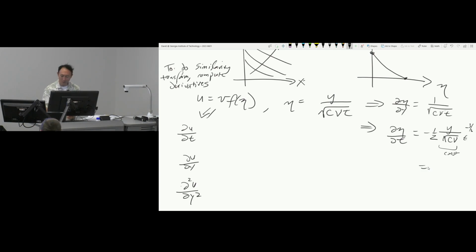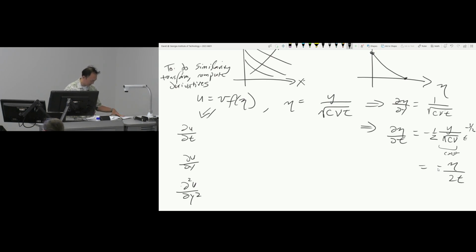You want to substitute for eta. So you substitute for eta, you should get this. This is eta over 2t. Right? This went to 3/2, which means you're dividing by t, and you times negative 1/2. All right, so that's one algebraic trick you want to do.